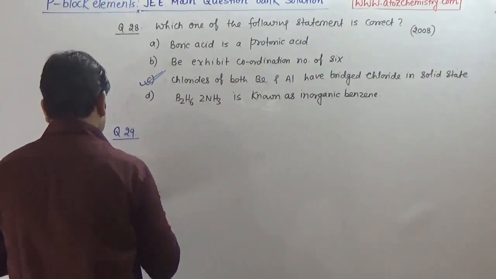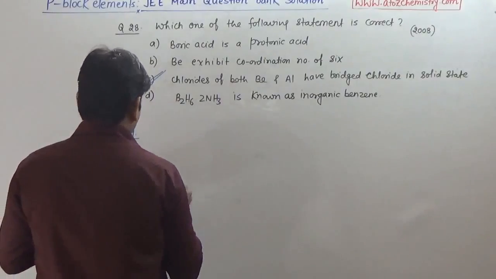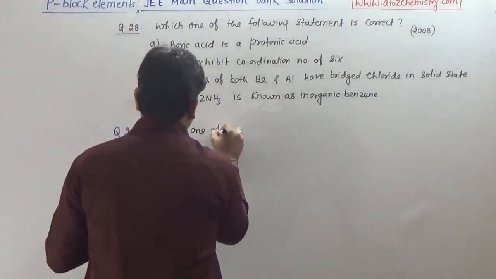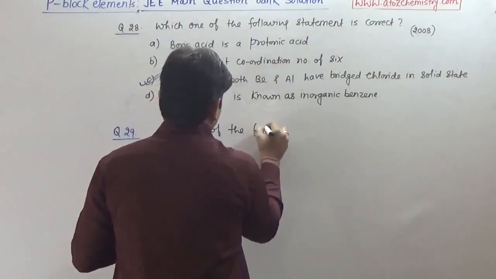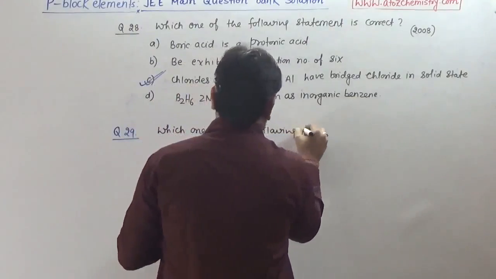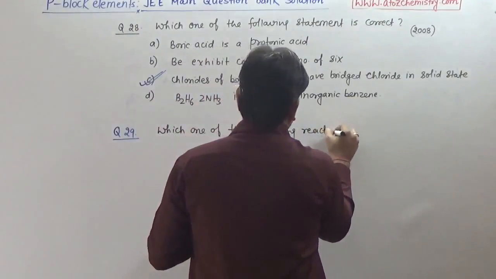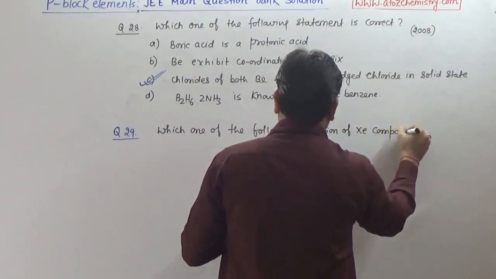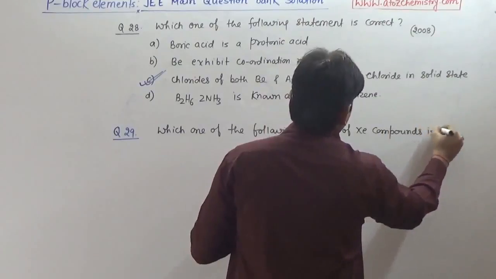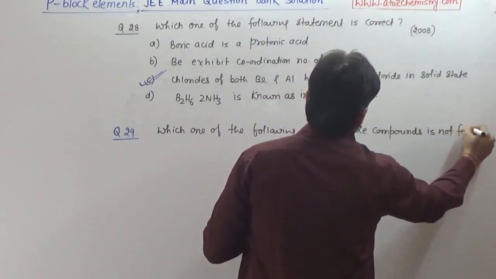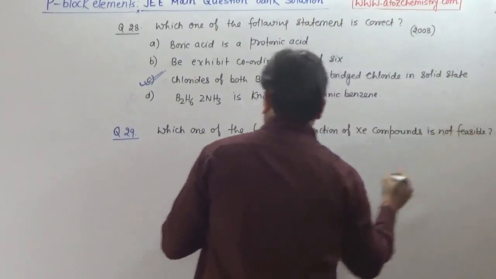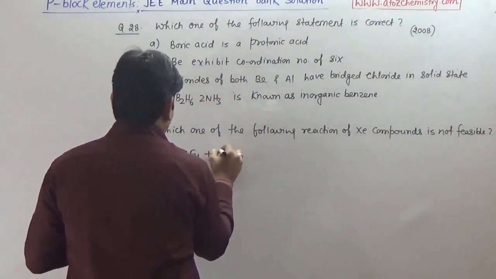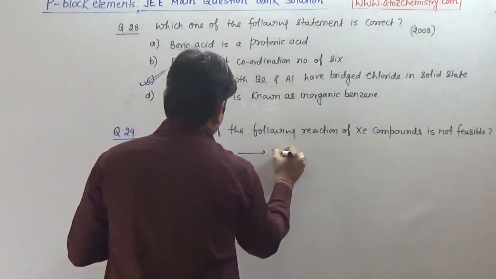Question number 29. Which one of the following reactions of xenon compounds is not feasible? A option is XeF4 reacting with water, hydrolysis undergoing a disproportionation reaction.